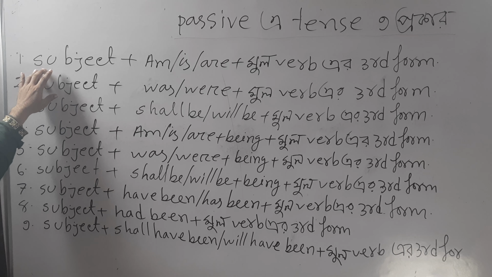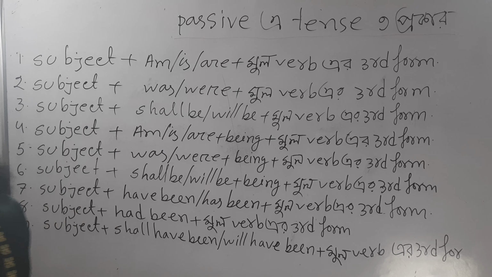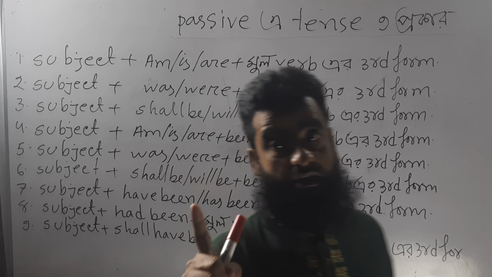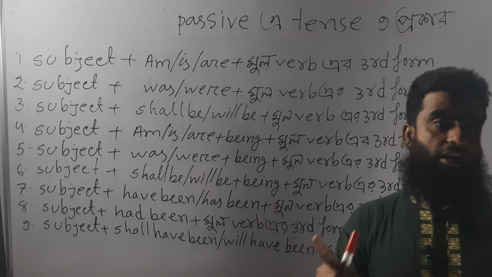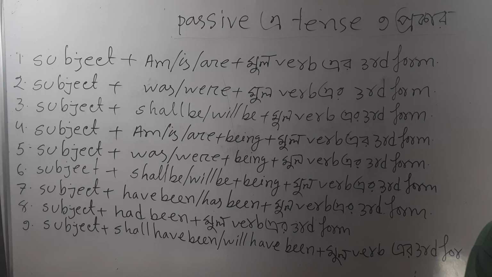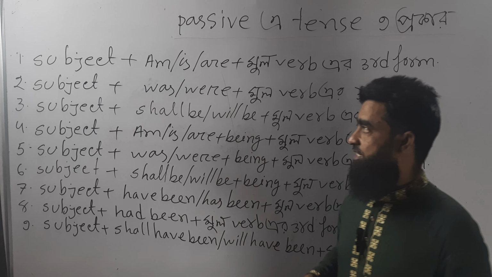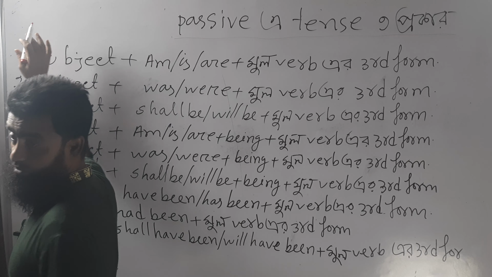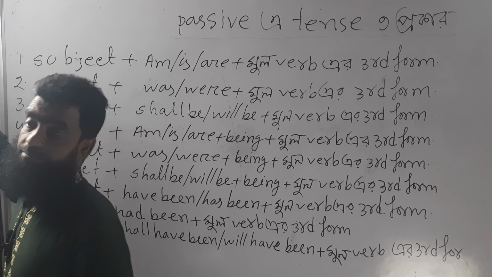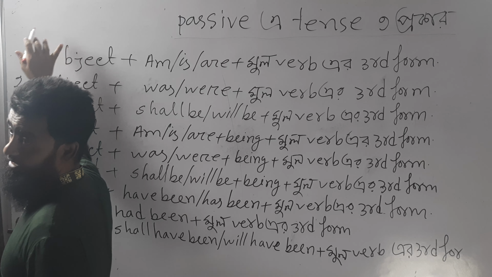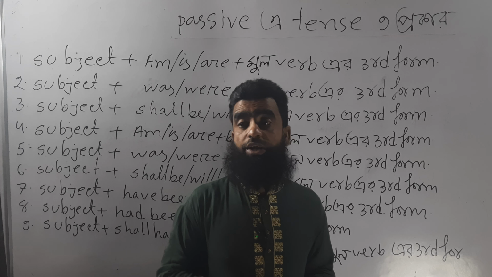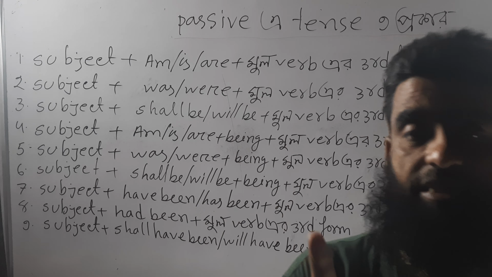Present indefinite. At first, we have to remember that an auxiliary verb must be used in every kind of tense. What will the subject be in the passive? The subject in the passive will be an inactive subject.